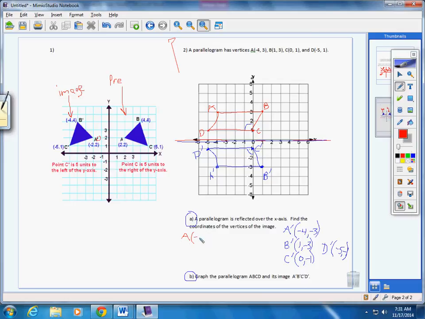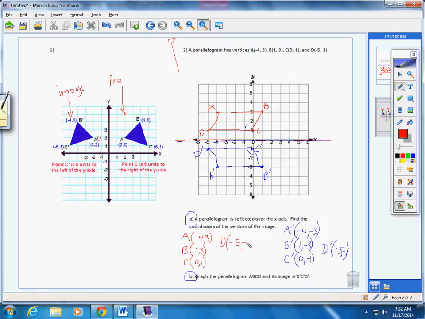Because A is negative 4, positive 3. B is 1, 3. C is 0, 1. And D is negative 5, positive 1.